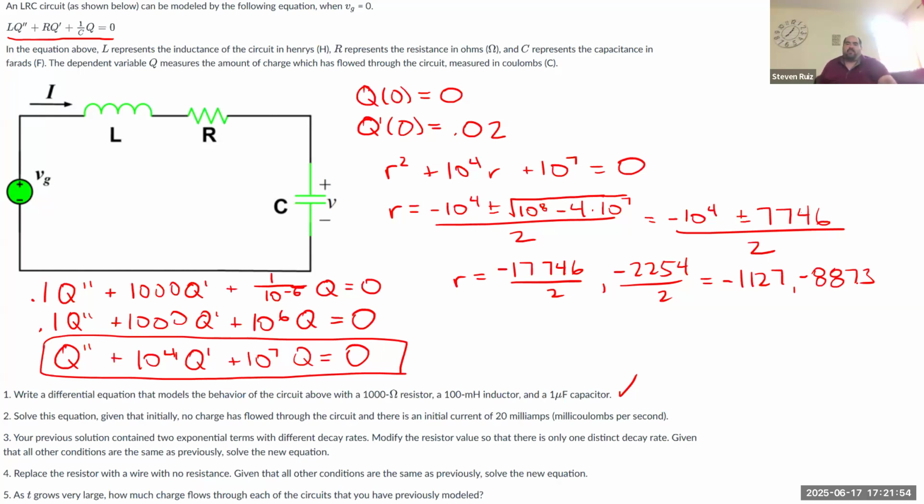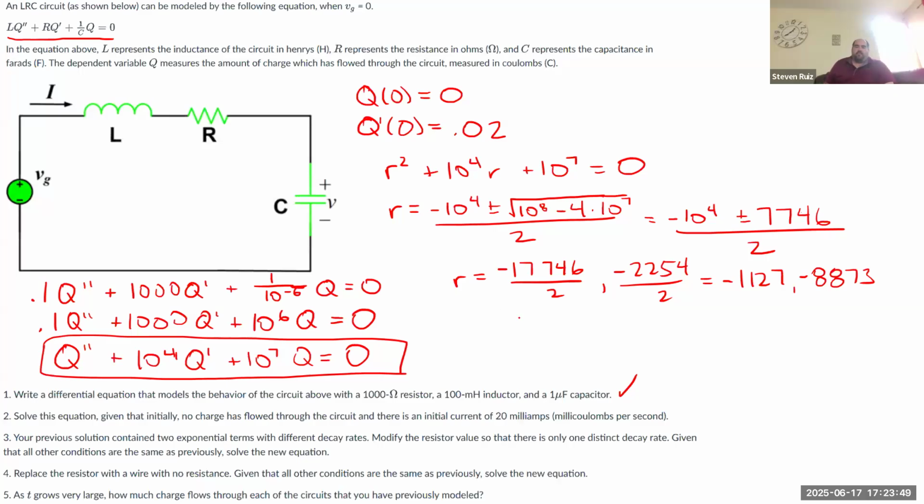All right, what does that tell me so far about my equation? These two rates give me my complementary solution.